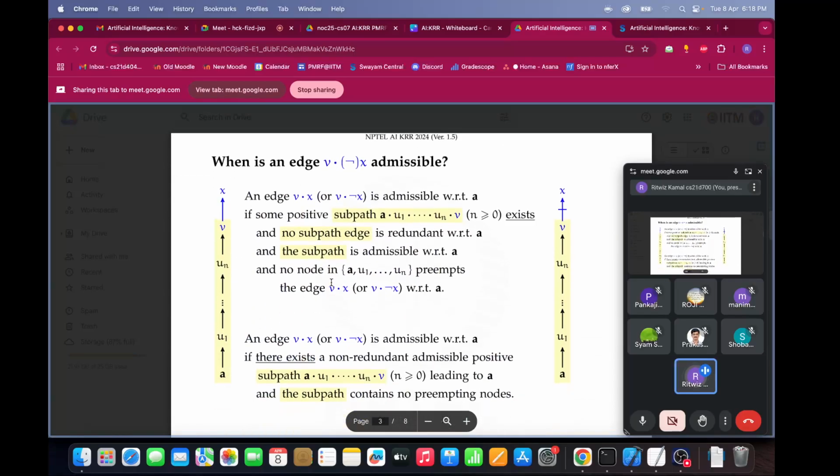So an edge, let's say from a node V to a node X, is admissible with respect to the node A if some positive subpath starting from A with some intermediate nodes U1, U2, U3 up to UN up till V exists, and no subpath edge is redundant with respect to A, and the subpath is admissible with respect to A, and no node preempts the edge V to X.